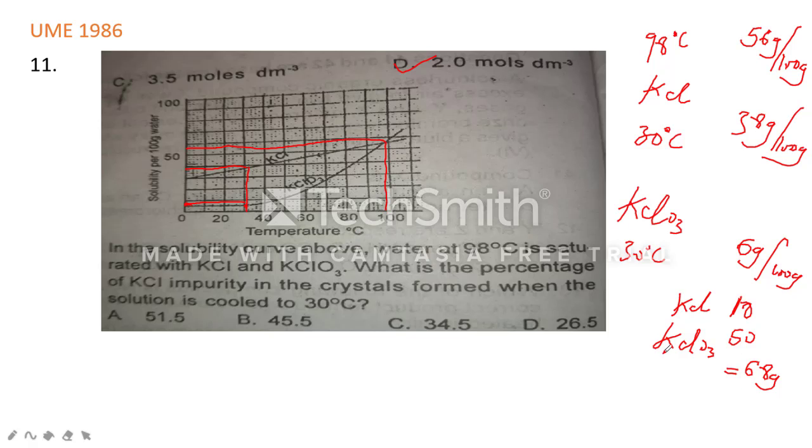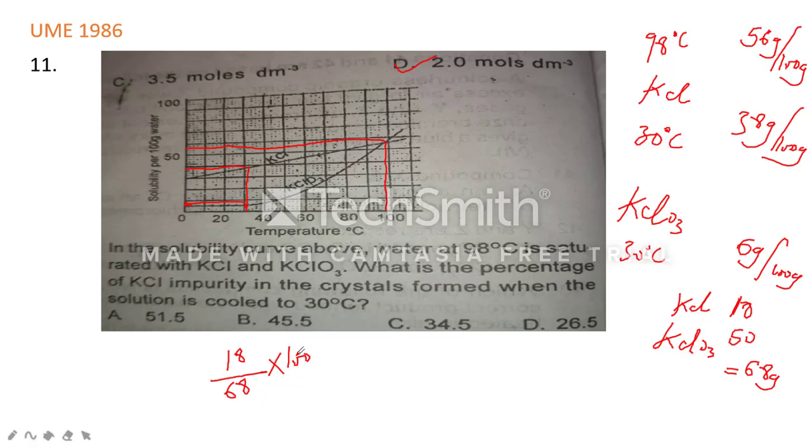But since we are looking for the percentage of the potassium chloride that's crystallized, that is going to be 18 over the total 68. That's the fraction. But since we are looking for it in percentage, we've got to multiply by 100.